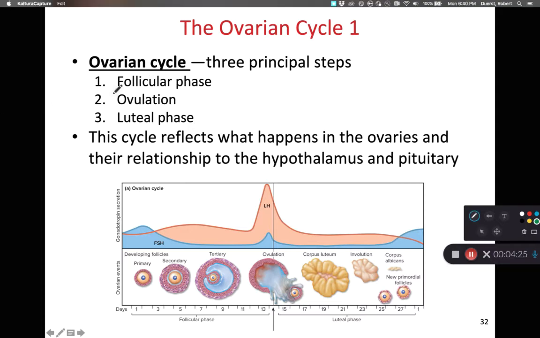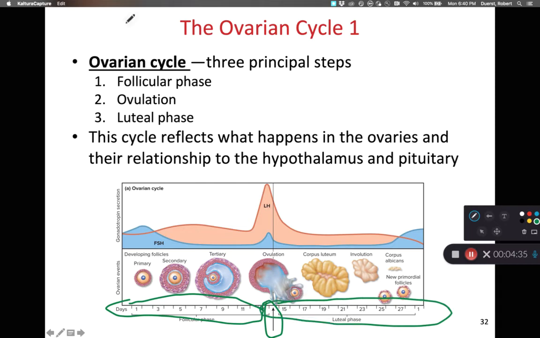So as we look at our ovarian cycle, we have the follicular phase for the first 14 days, ovulation at day 14, and then the luteal phase for the last 14 days. And the names of these phases correspond to what's happening on the ovary. The follicular phase is when there's the follicle on the ovary. Luteal phase is when we have a corpus luteum on the ovary.